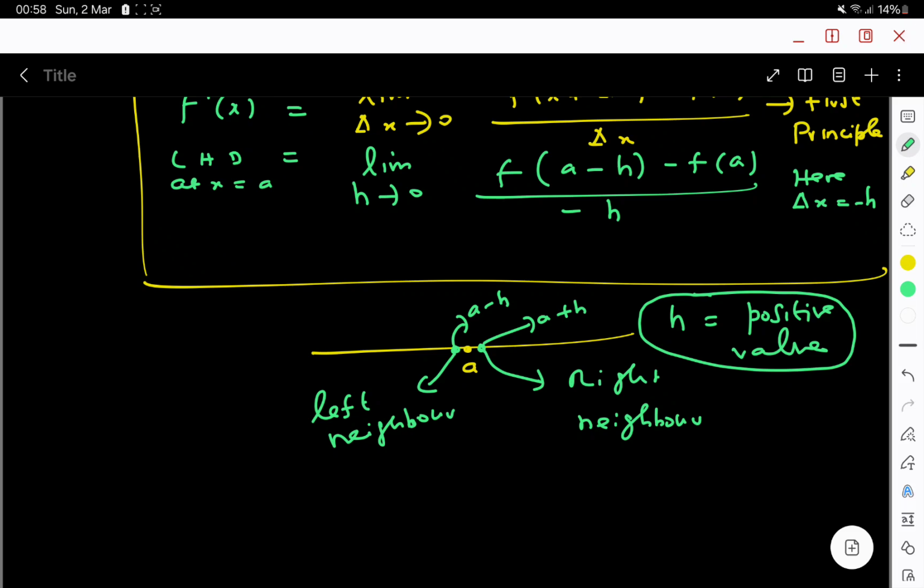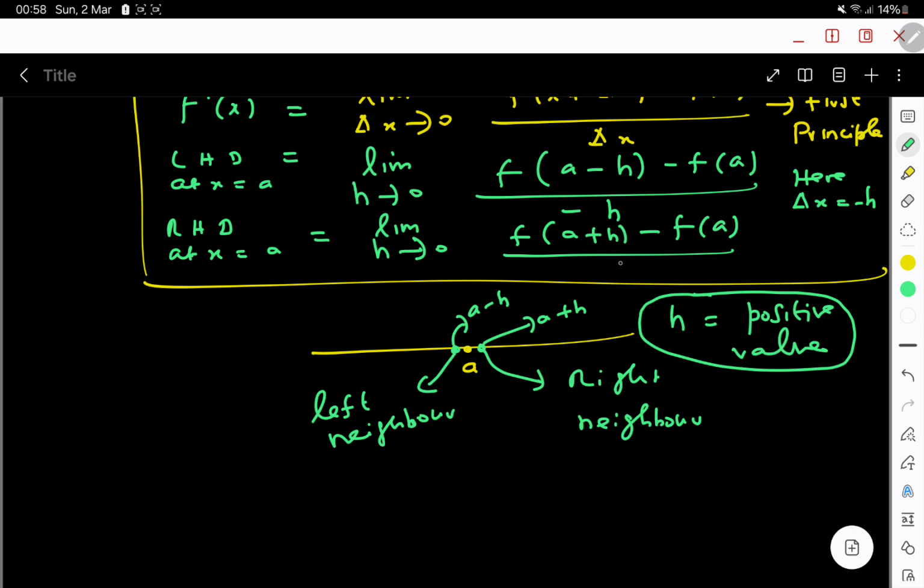Right hand derivative: limit h tends to 0, f of a plus h minus f of a divided by plus h. Okay, so when both derivatives are equal, then only the function is differentiable.